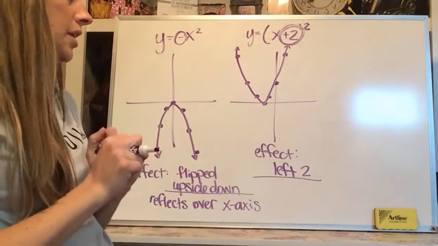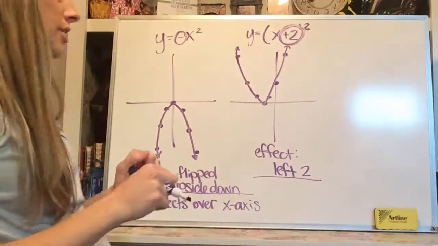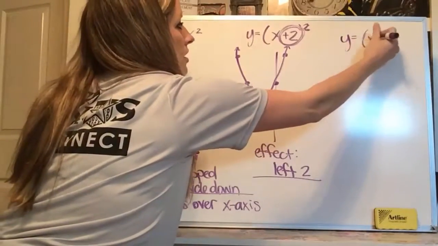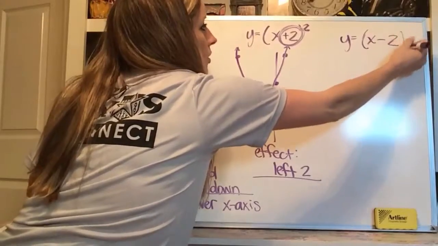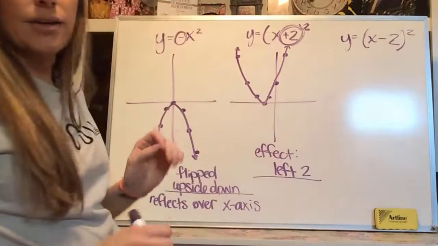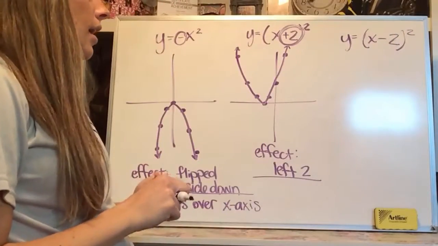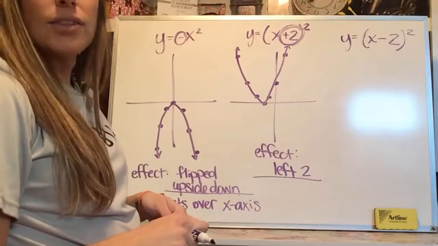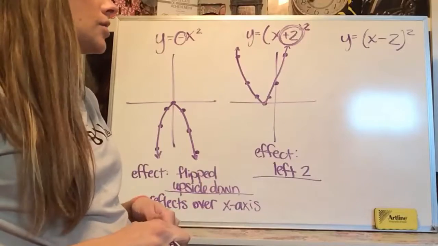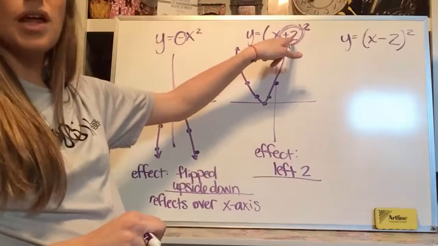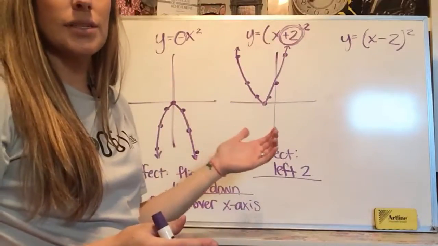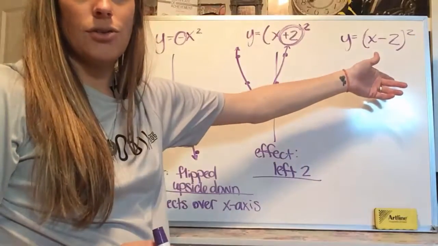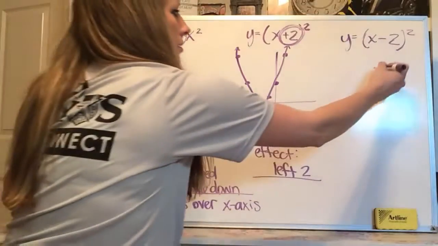Okay, so last example on this page, we have y equals parentheses x minus 2 with the squared outside. Let's just go ahead and do this one without the calculator. Okay. So if this plus 2 inside the parentheses made it move to the left 2, what's the minus 2 going to make it do inside the parentheses?